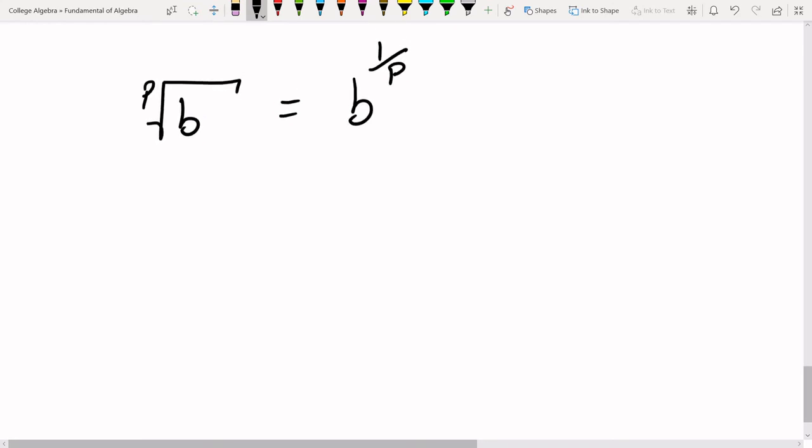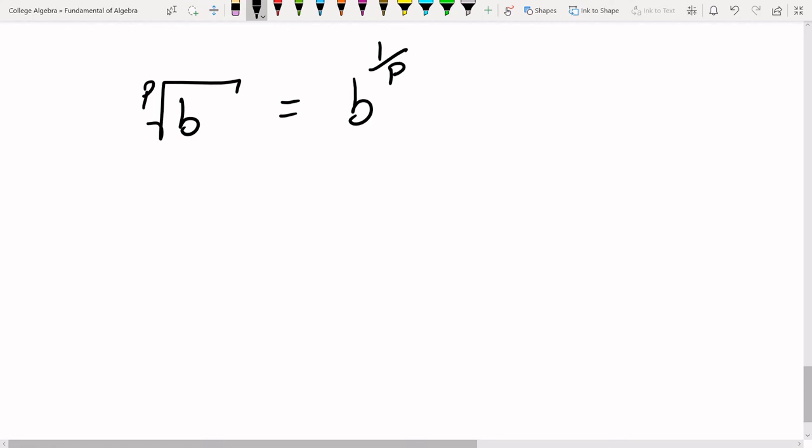And because they have a direct connection between exponents, that means radicals, if you write it in the exponential way, has the same properties of exponents as exponents. You can use the same rules, the product rule, quotient rule, all those things.